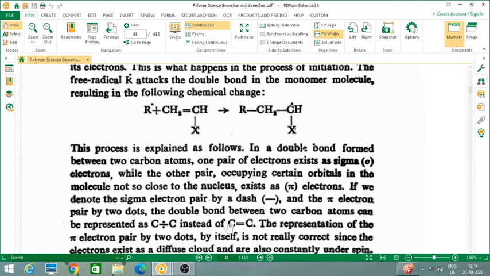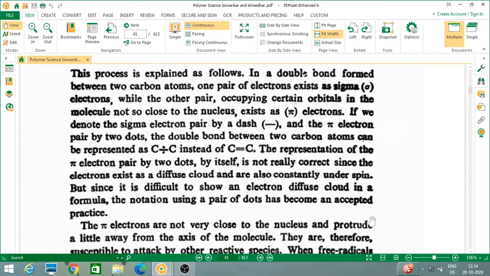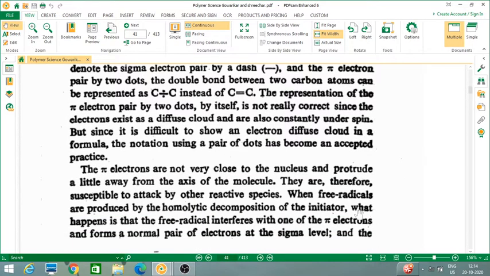This is instead of the usual representation. The representation of the pi electron pair by two dots is not really correct, since the electrons exist as a diffuse cloud and are also constantly in spin. But since it is difficult to show a diffuse electron cloud in the formula, the notation using a pair of dots has become an accepted practice.